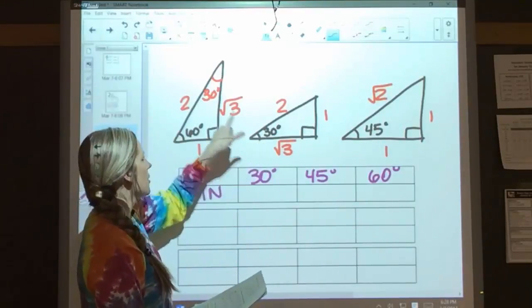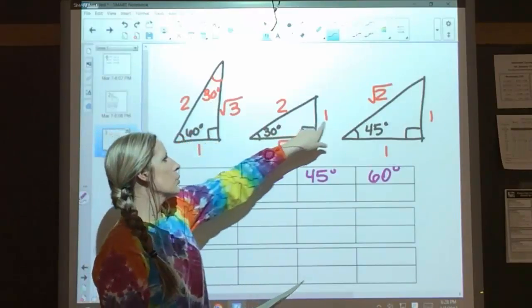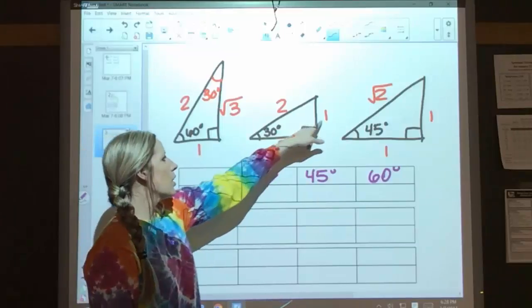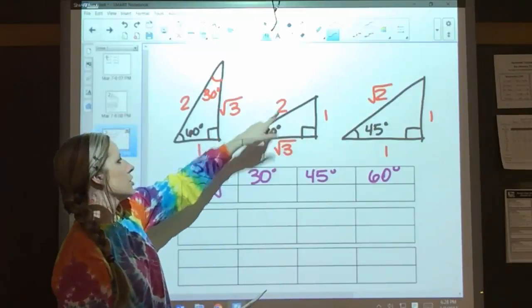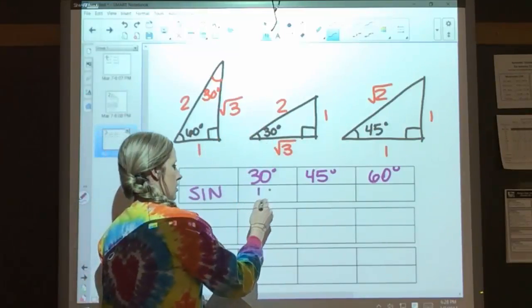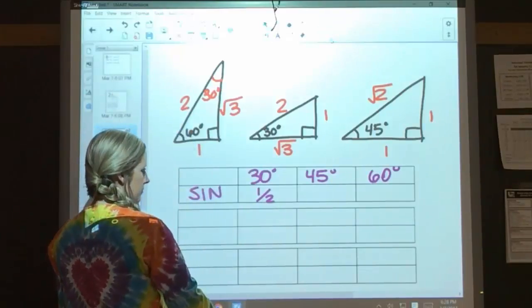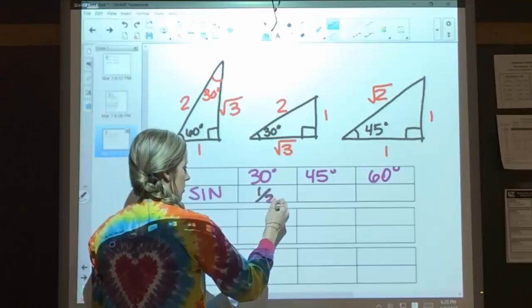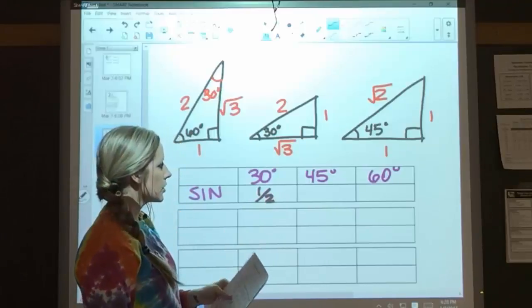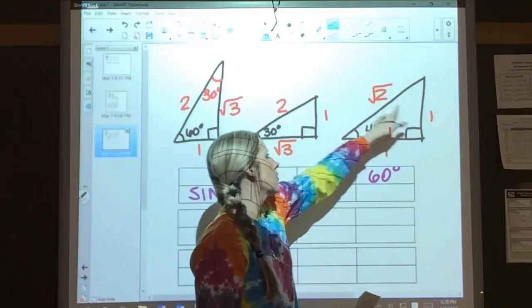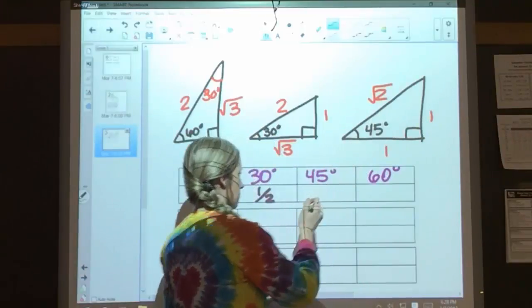So opposite of the 30 degrees would be 1, no matter what triangle you're looking at. So it'd be 1 over our hypotenuse, which is 2. Okay, on the 45-degree angle, we're doing opposite over hypotenuse, so 1 over the square root of 2.